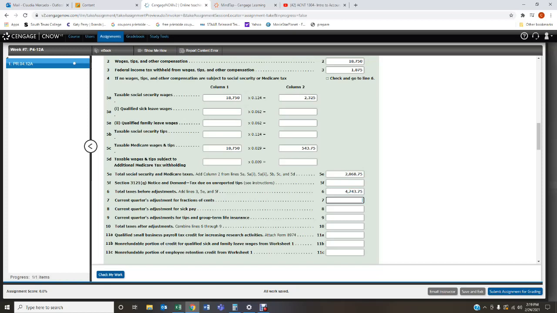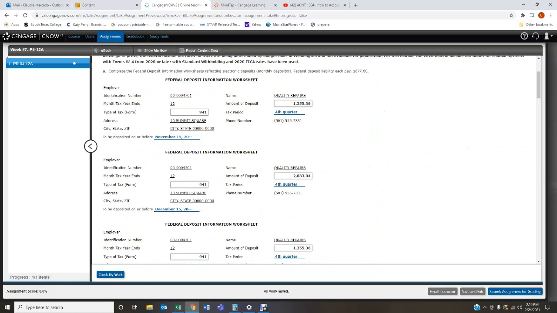Okay, now here is the tricky part. Current quarter's adjustments for fractions of cents. There is some adjustment. This is the calculation that we did in the form. We have to compare this with our deposits. How much did we deposit? Well, if we refer back to our deposits, we have our deposits for October, November, and December.